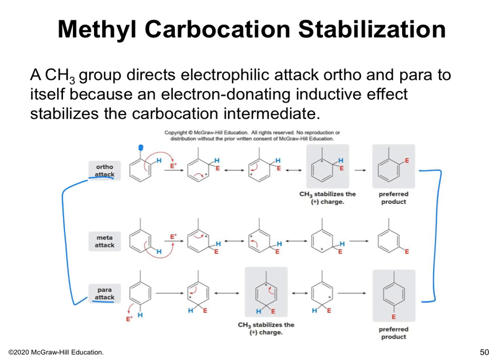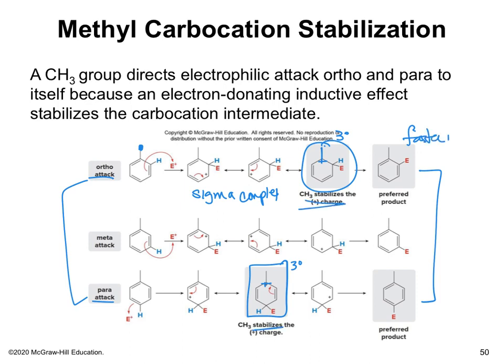Let's look at the resonance structures of these sigma complexes. Here is a secondary allylic, here is a secondary allylic, here is a tertiary allylic. And then here, that's secondary allylic, here is a tertiary allylic and a secondary allylic. And we know that tertiary carbocations are more stable than secondary. So this is why the reaction is faster, because there is a stable intermediate.